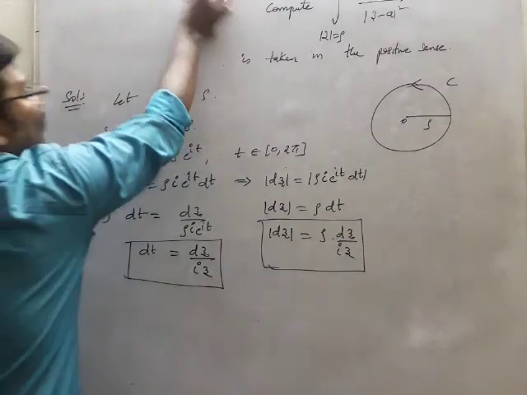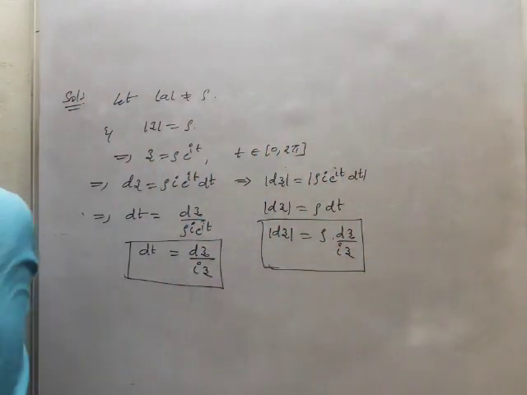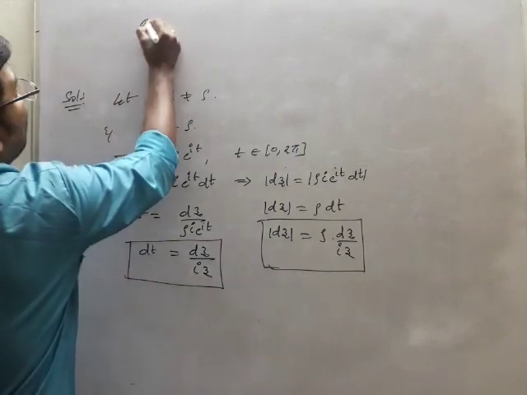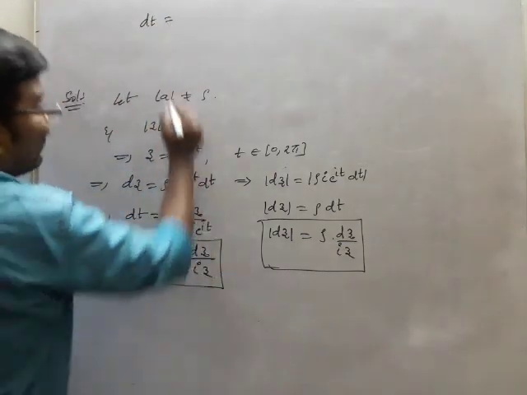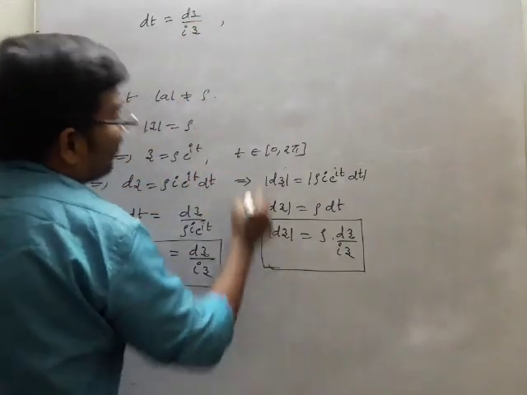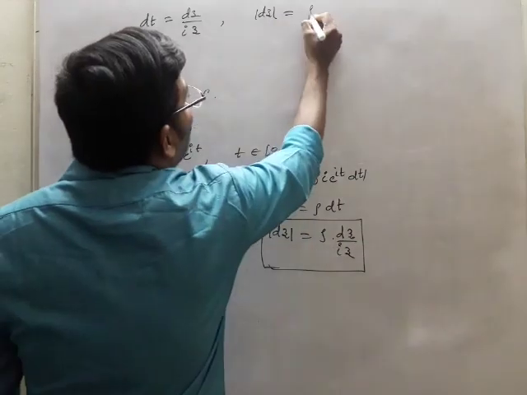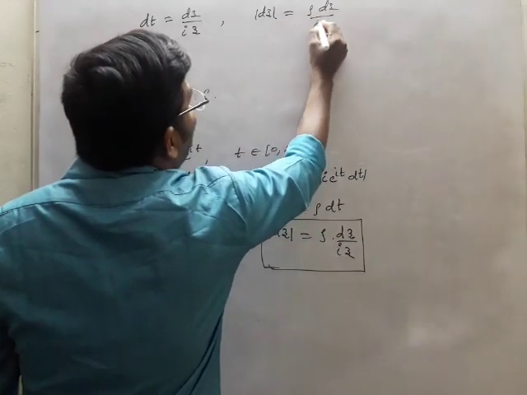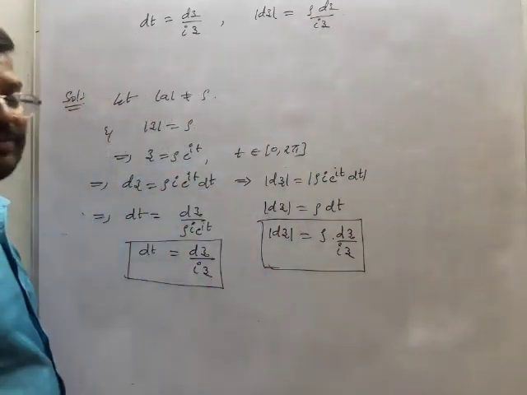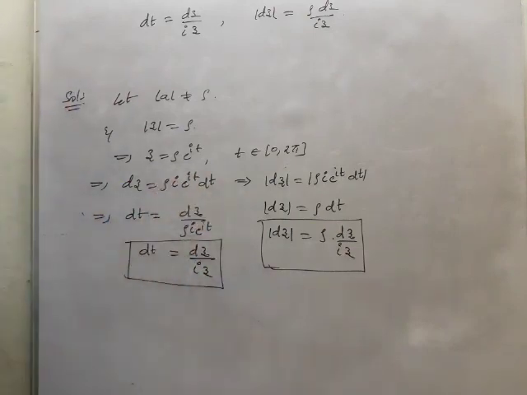For the future, these are the two values: d theta is equal to dz by iz, and mod dz can be taken as rho dz by iz. These are the two values we found from these. Okay, I hope that you understood this.